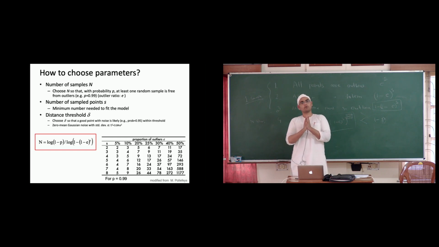Based on the error model, how bad is your data? If the data is bad, your probability would anyway be less. So how you want to make this threshold more or less depends on the model itself. If the data itself is bad, your probability should be less at the very beginning, because you know that you are probably not going to get the correct fit. So your probability expectation would be less.